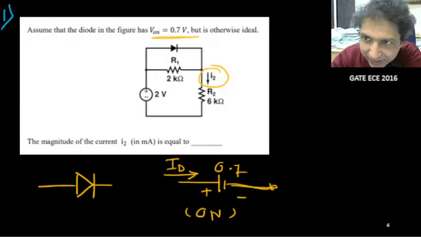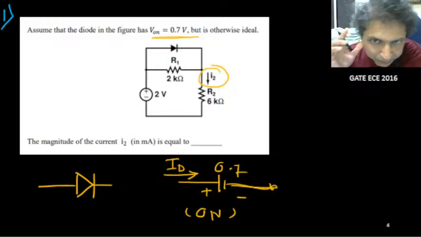Are you considering 2 upon 2 plus 6 means 2 upon 8? No, it is 2 upon 6 only you are considering. 1 upon 3. What is the current? How have you got this 0.21 milliampere?